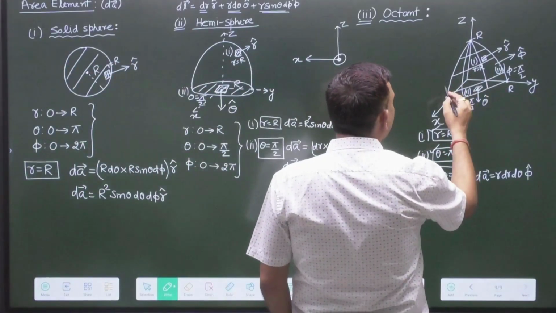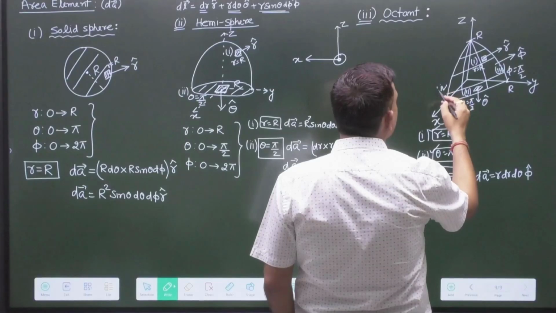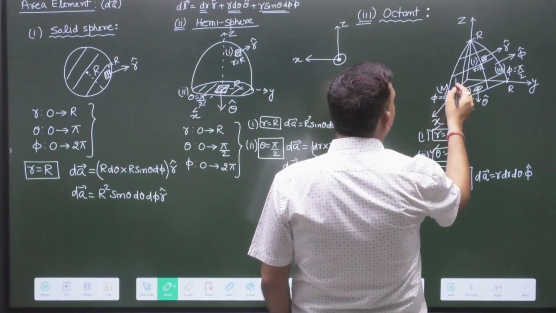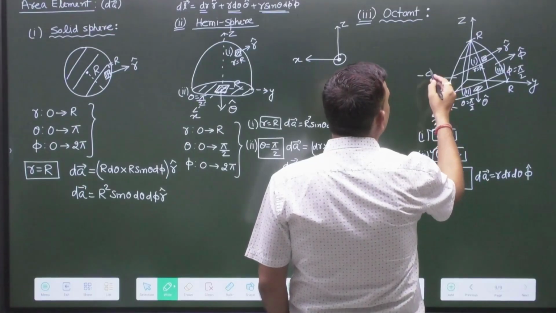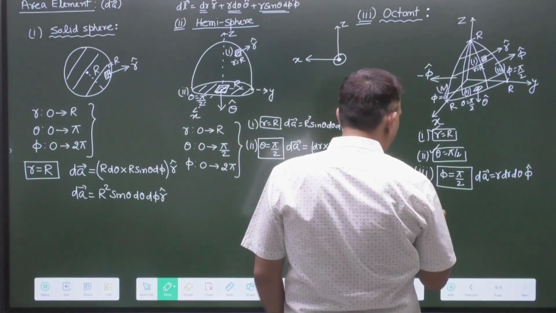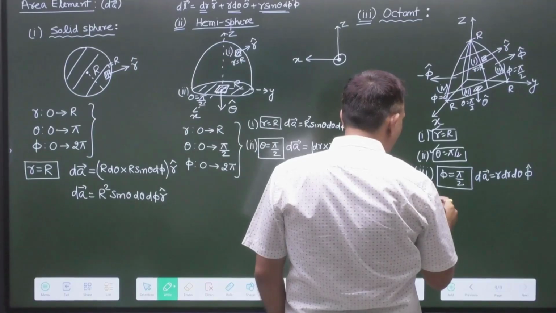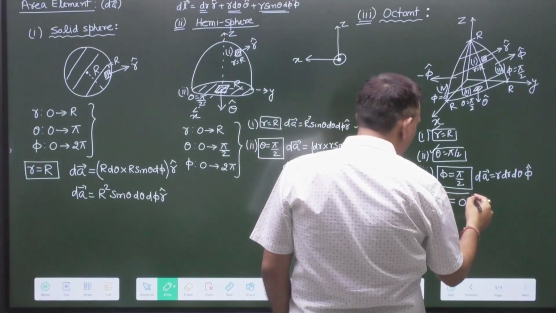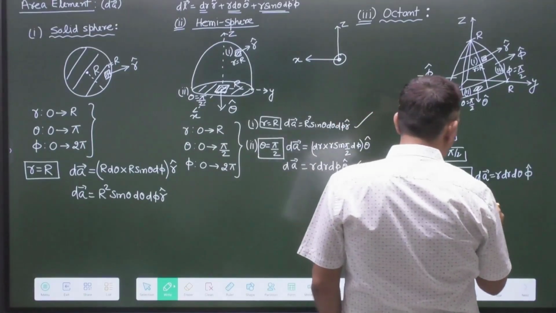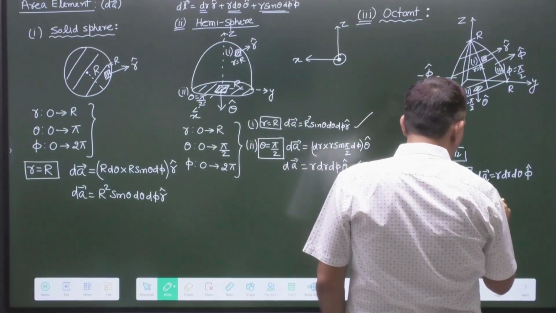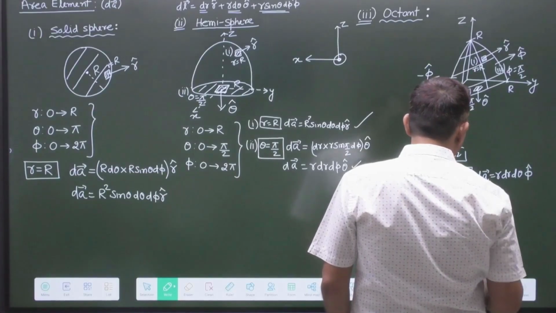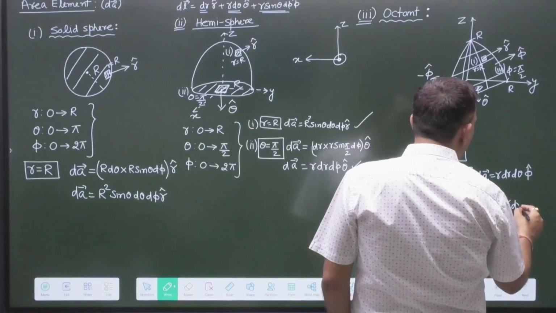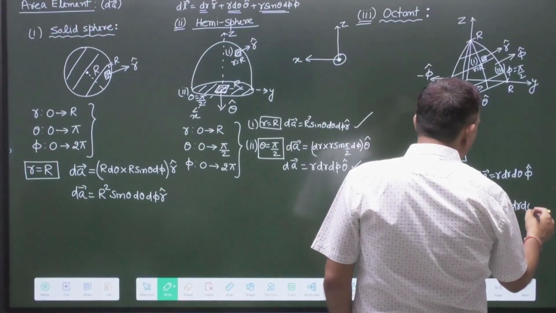Now fourth surface, phi is equal to 0, and this direction is, yes, minus phi cap. So dA is minus r dr d theta.